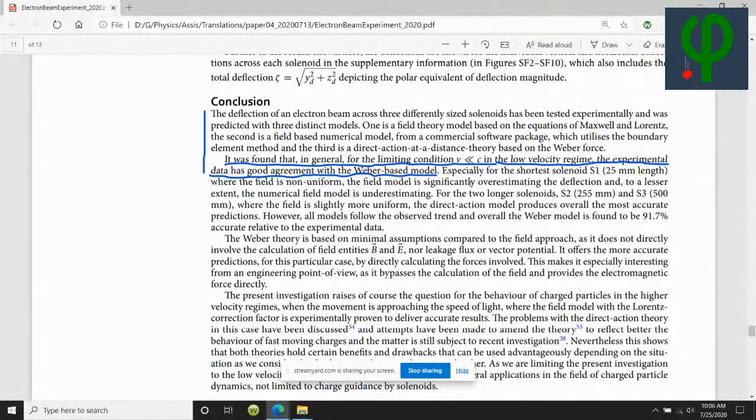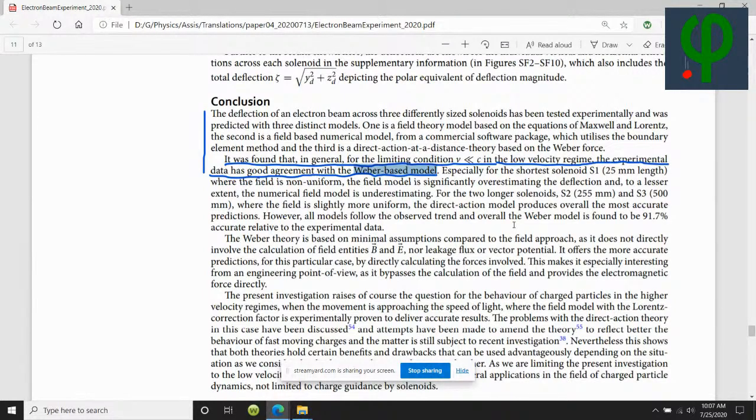So here is, again, experimental data, which shows that in this low velocity regime, the experimental data is well predicted by the Weber based model, which to me is really encouraging. Of course, you guys here know that I'm a big Weber fan and been pushing Weber electrodynamics here.